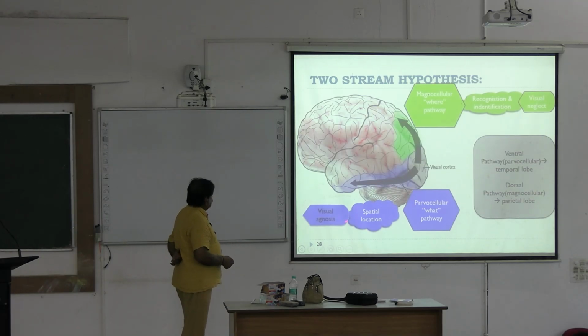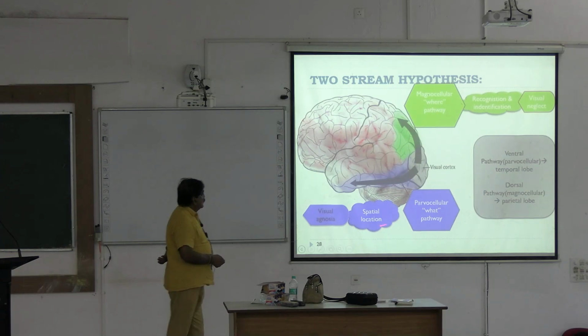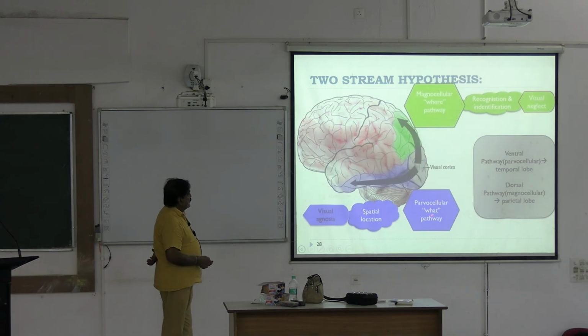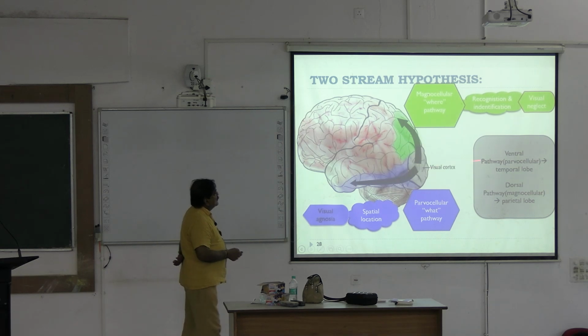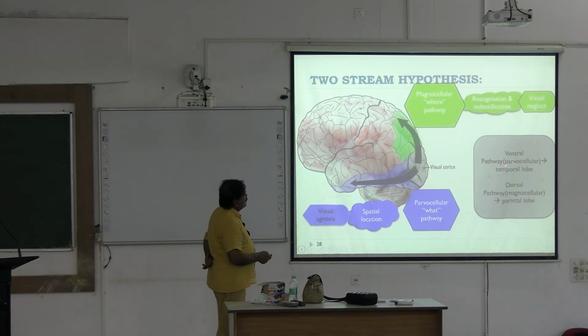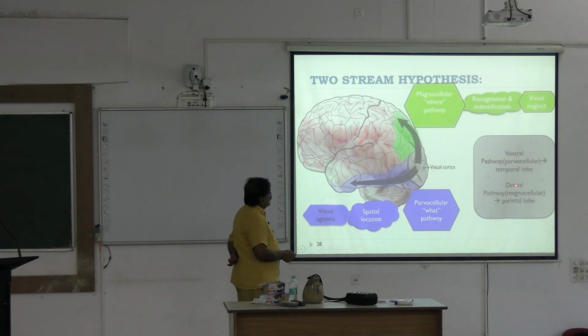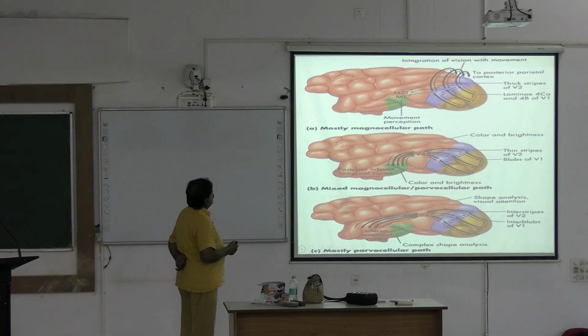Visual agnosia, spatial location. Parvocellular pathway from the visual cortex: the ventral pathway, parvocellular, to the temporal lobe, and the dorsal pathway, magnocellular, to the parietal lobe. Integration of vision and movement, mostly magnocellular pathway.